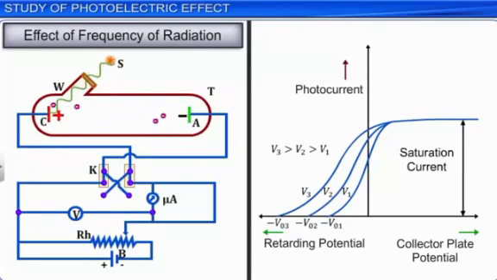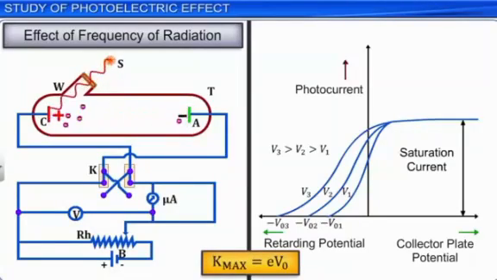As the frequency of radiation increases, V0 increases. This implies that the maximum kinetic energy of the ejected electrons also increases, according to the relation E = eV0 for maximum kinetic energy of photoelectrons.